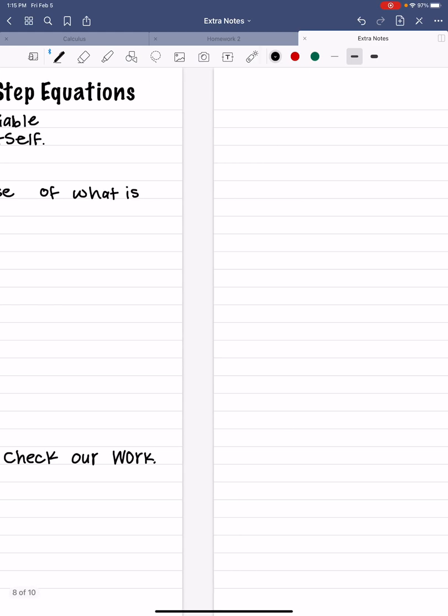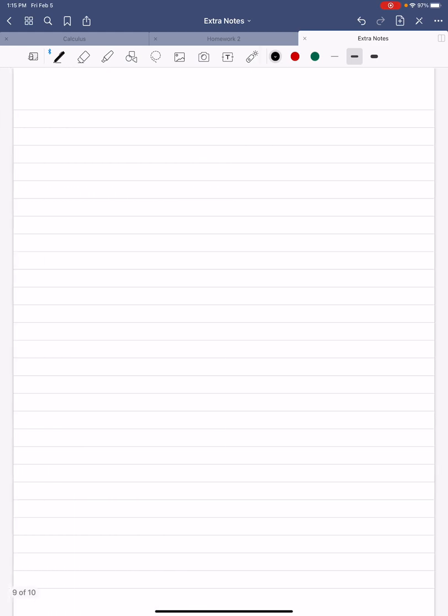Now let's do a couple more examples. So let's solve for y. We're going to start with the equation y minus 5 equals negative 2. So we need to get y all by itself. Y is our variable right here.